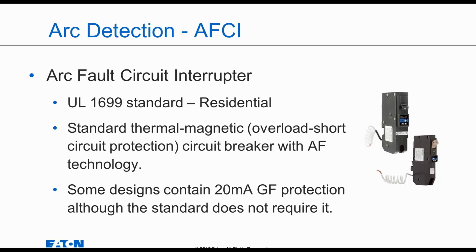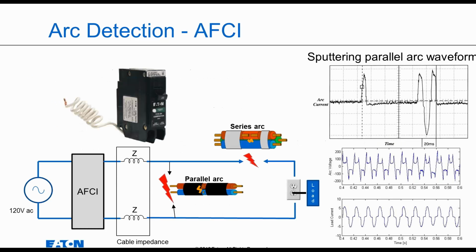So it has the overload protection and the short circuit protection coupled with usually an electronic PC board that detects the arcing condition. There are some designs out there that contain 20 milliamp ground fault protection. Though the standard doesn't require it, some companies have added this, and it's an added feature because it detects ground fault arcing conditions also.